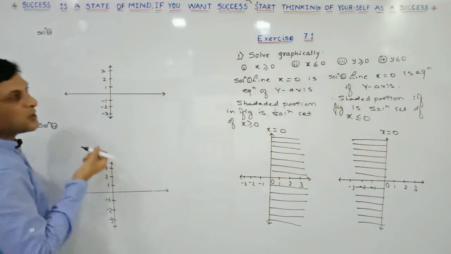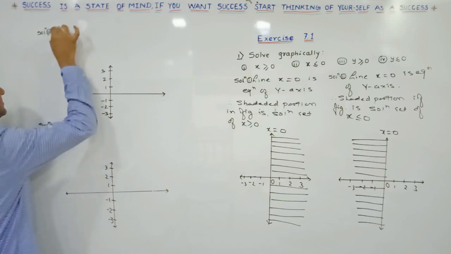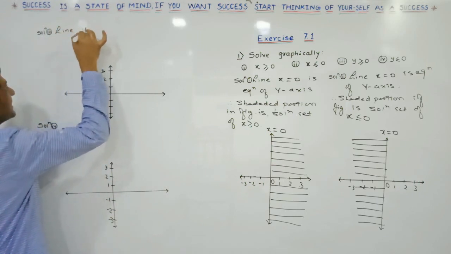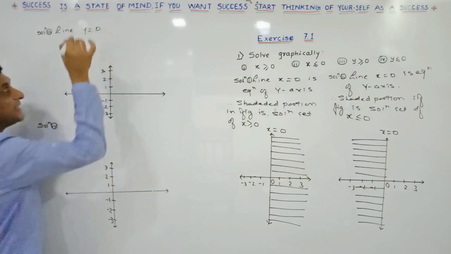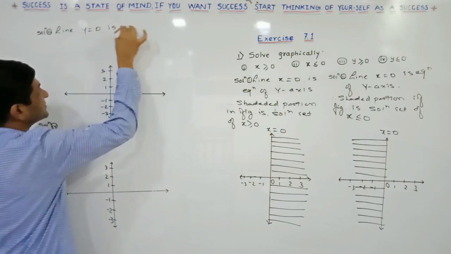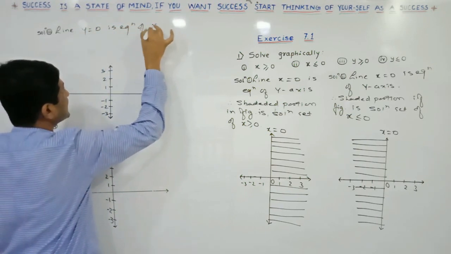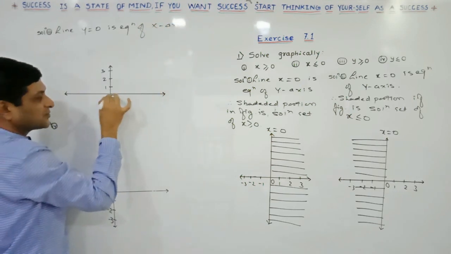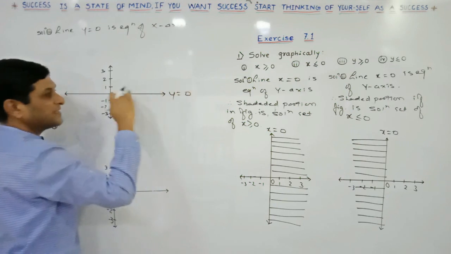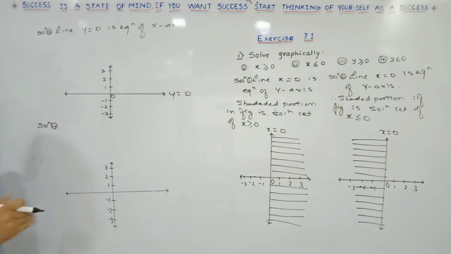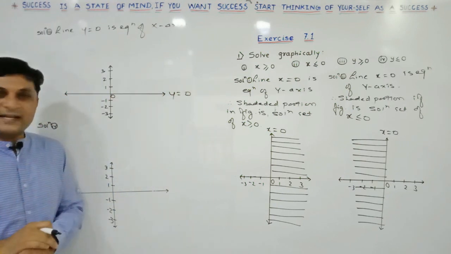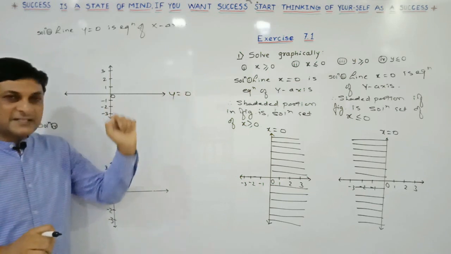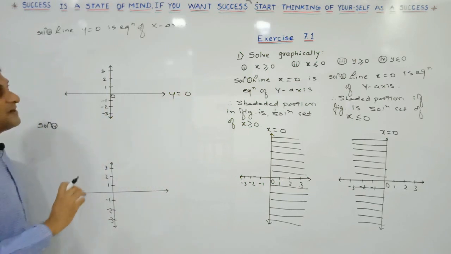y is greater than or equals to 0 is the given expression, means here what is the line? The equation of the line is y is equals to 0, and the line y is equals to 0 is the equation of the x-axis. Already the x-axis is constructed here, so y is equals to 0 is the equation of the x-axis, because the y coordinate of every point on the x-axis is 0. That's why we can say that y is equal to 0 is the equation of the x-axis.